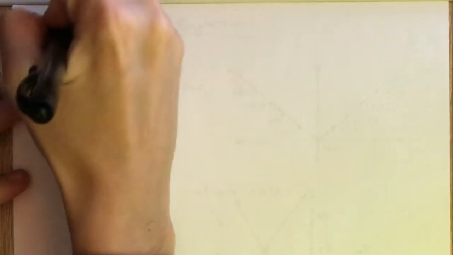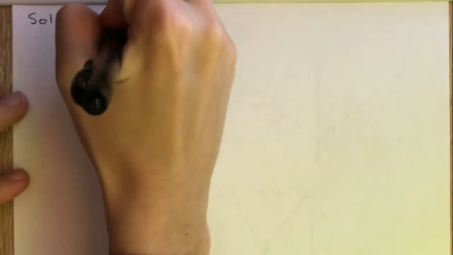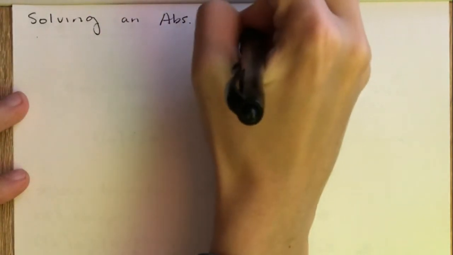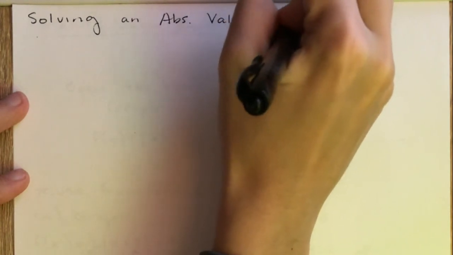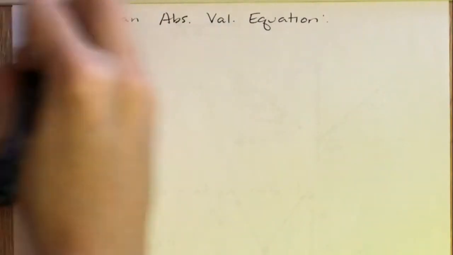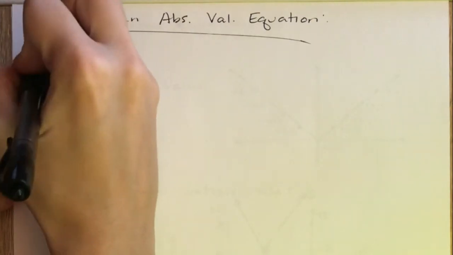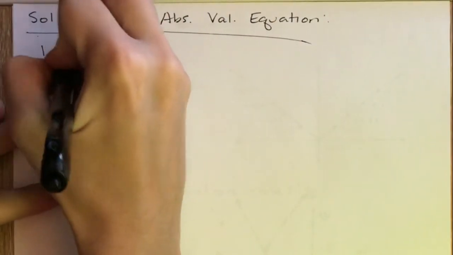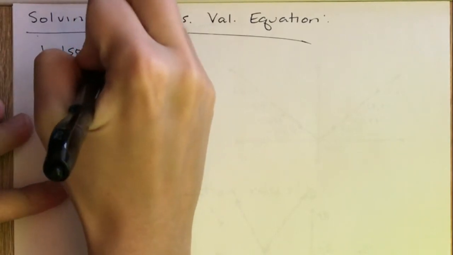So, how can we solve an absolute value equation? Well, here are the steps. Number 1, and this is very important, we need to isolate the absolute value.